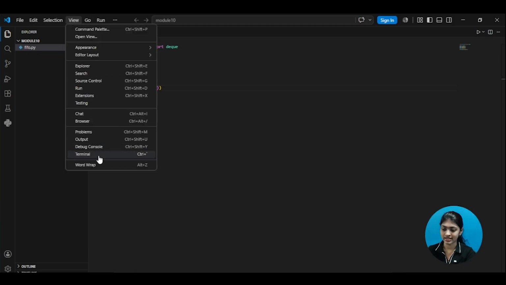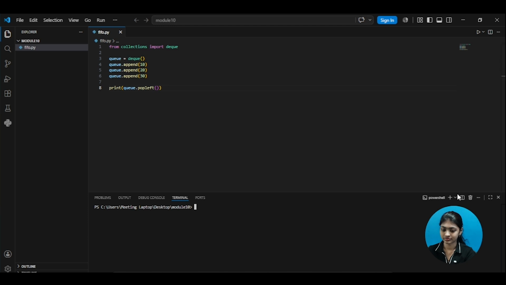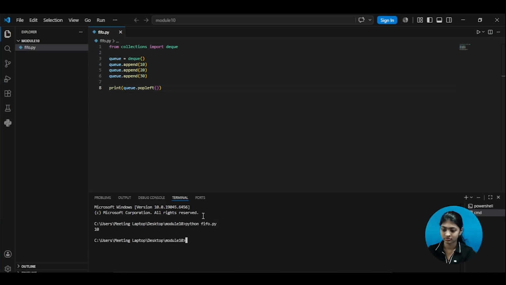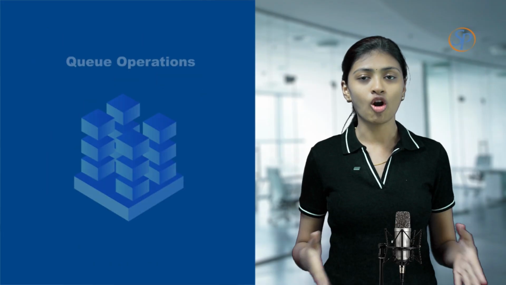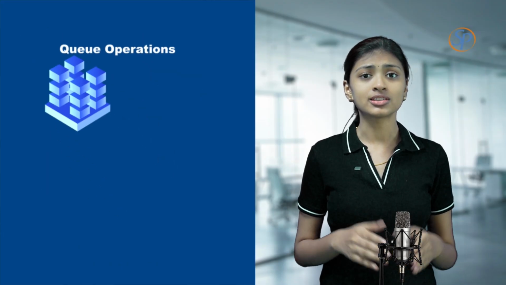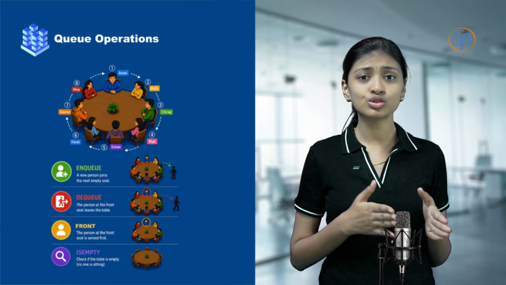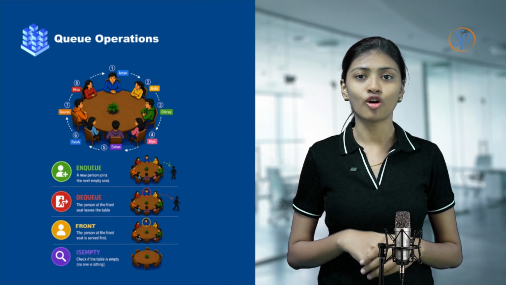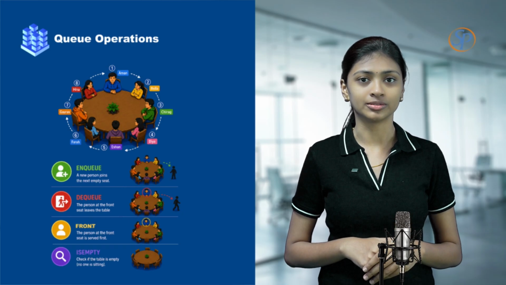So now let's save it and run it. There we go, we have our output, 10. Queue operations. Queue operations are basic actions used to manage elements in a queue following first in, first out order.